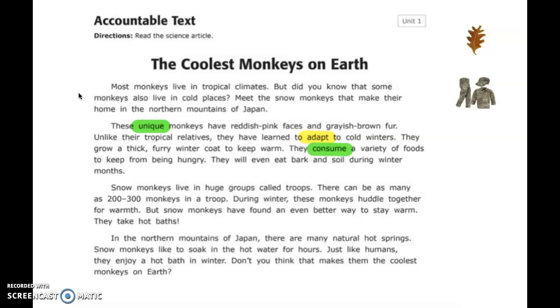They consume a variety of foods to keep from being hungry. What clue tells you what consume means? Figure out the answer to both of those words. When I say figure out the answer to both those words, I mean definition. What do those words mean?